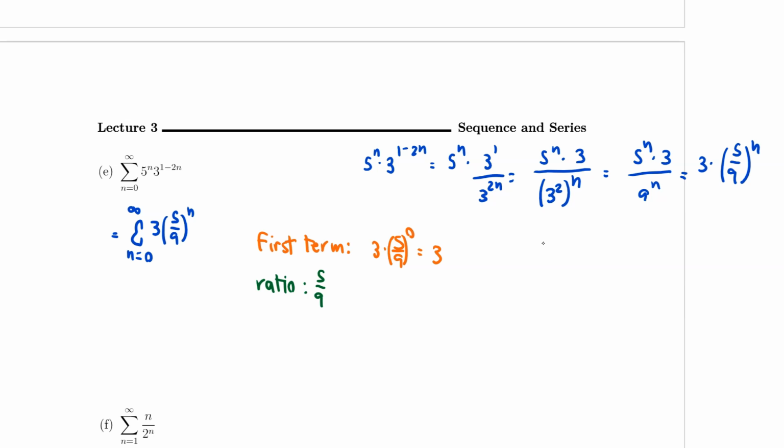The absolute value of 5 over 9 is less than 1, so this is going to converge, and its value is going to be 3 divided by 1 minus the ratio. So this is going to equal 3 over 4 over 9, and that is going to equal 27 over 4. So that means this series converges to 27 over 4.